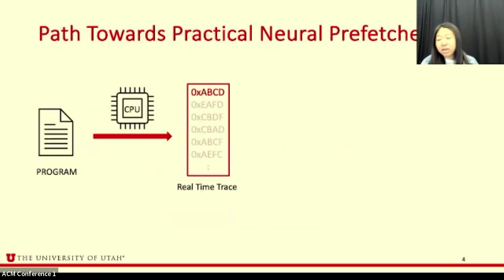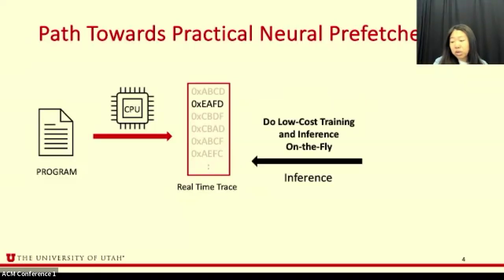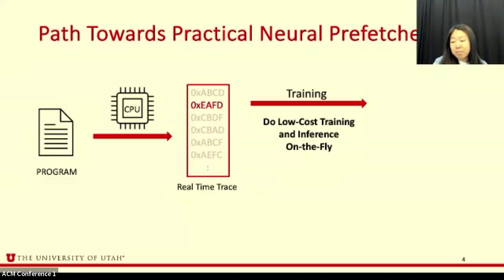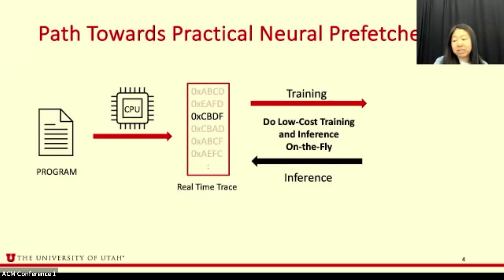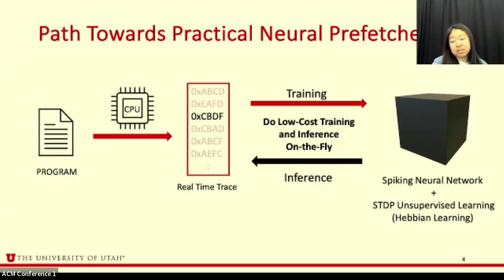Instead, we are trying to do training and inference on the fly. After working on a short amount of memory access history, we are predicting the next access. To achieve this, we are using the spiking neural network with STDP and supervised learning rules.